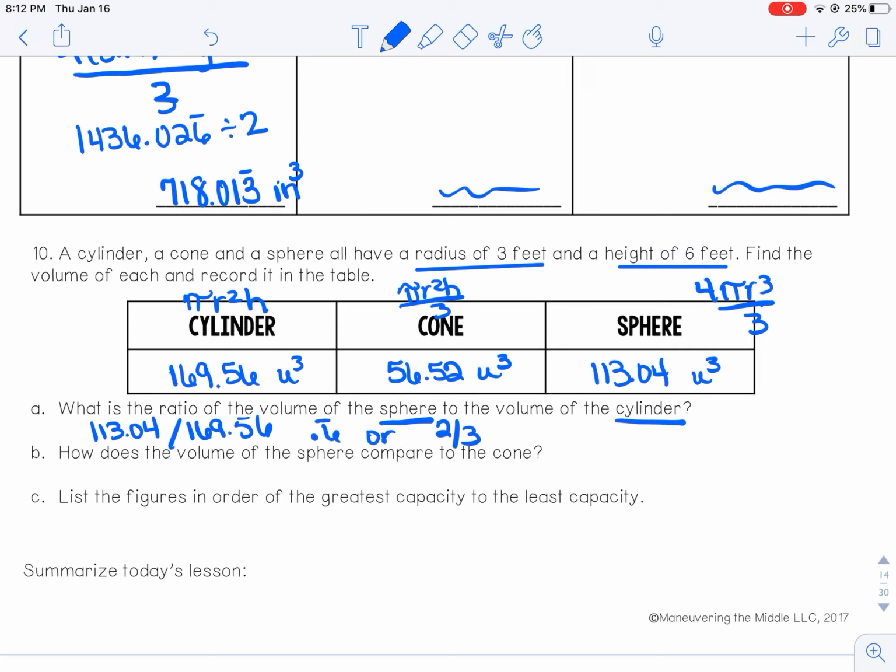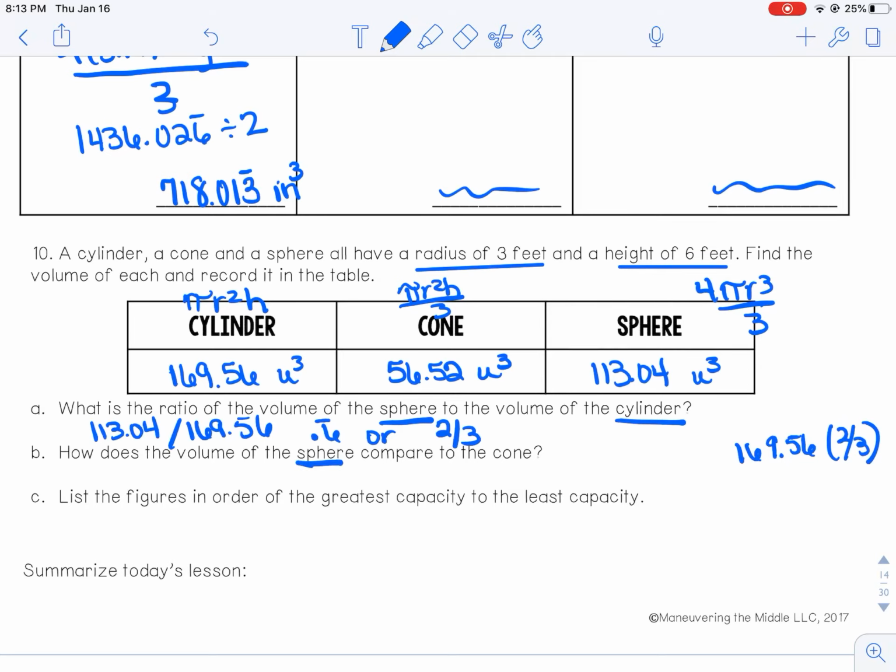Let me put my repeating bar up there. Okay, and we said at the beginning of the lesson that the sphere is 2/3 the cylinder. So if I took 169.56 and I multiplied that by 2/3, I'm going to get 113.04.